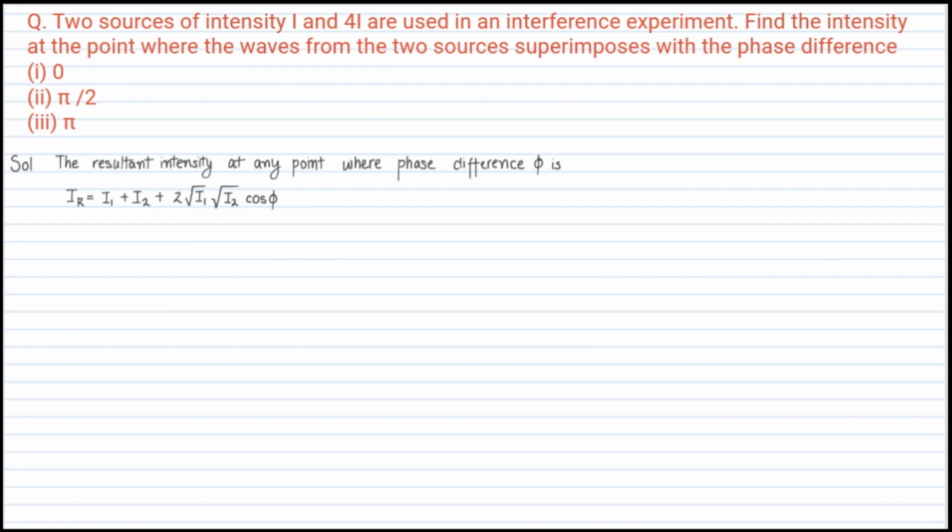So as given in the question, your intensity I1 is I, the intensity I2 is 4I. Let this equation be your equation 1. Then equation 1 can be written as the resultant intensity I equals, substitute the values. Here you will substitute I, here 4I, here I, here 4I.